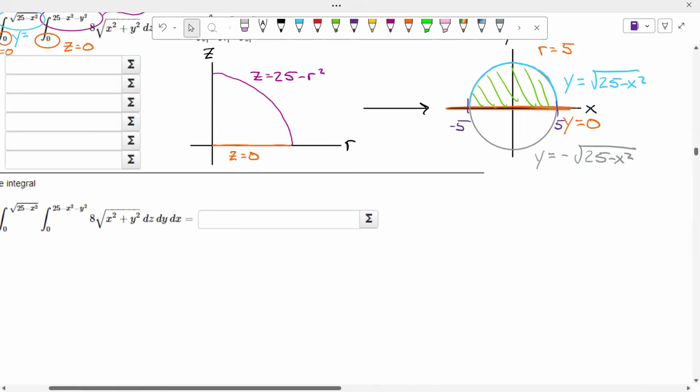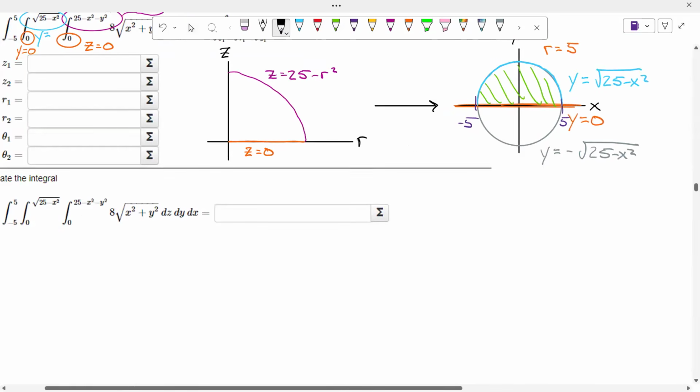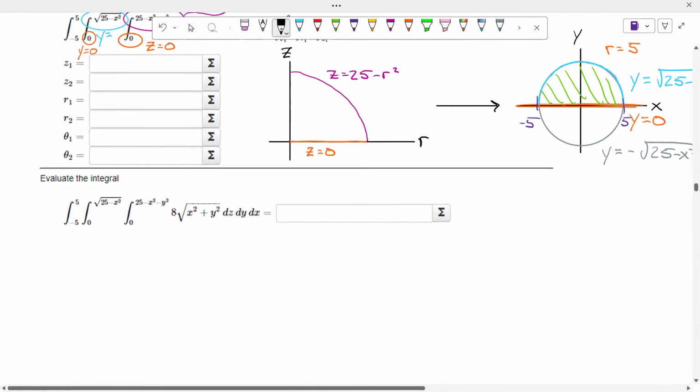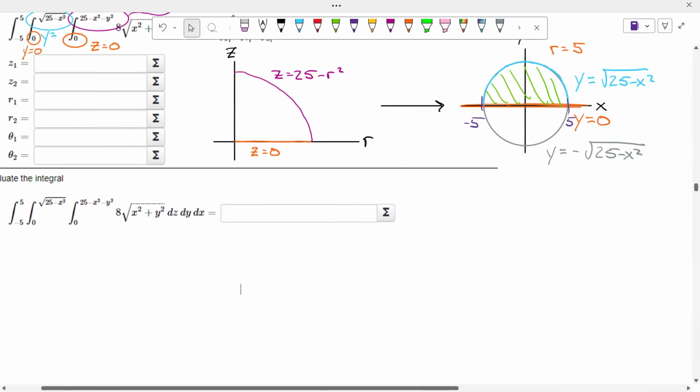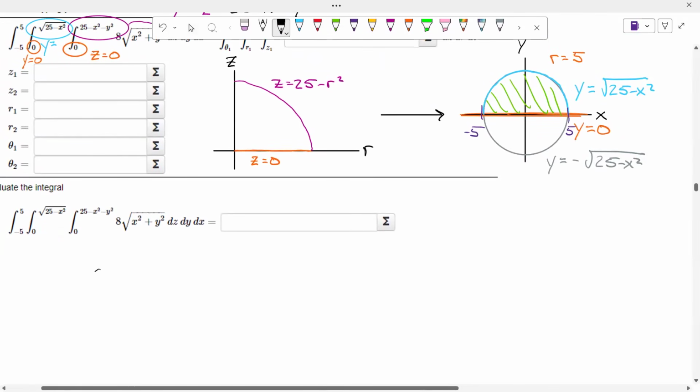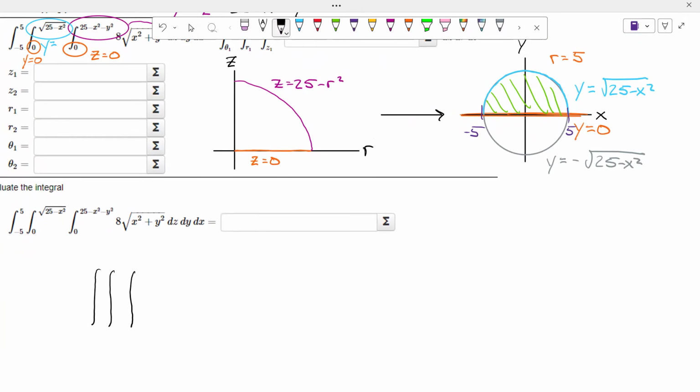So what does that mean for setting up our triple integral over here? Let me put it so I still have both of those diagrams on screen. Our integrand this time is 8r. So we're not just integrating a volume.